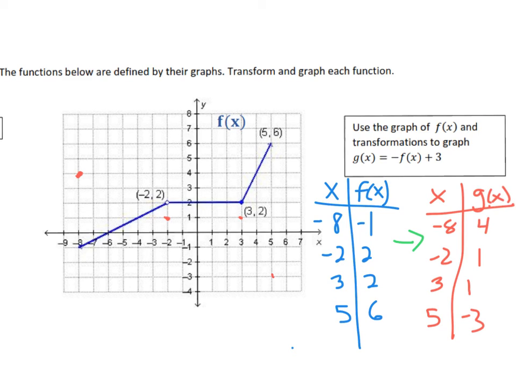Actually, I wonder if I can make those connections a little better. Let's see here. Let's draw carefully.